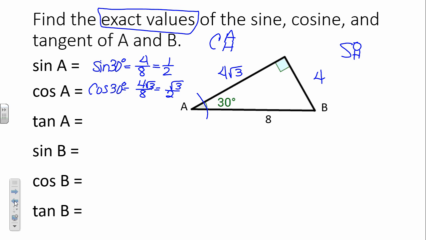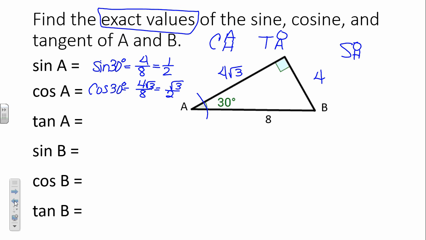Josh, what's the tangent of angle A going to be? Four over... which one's the adjacent to angle A?